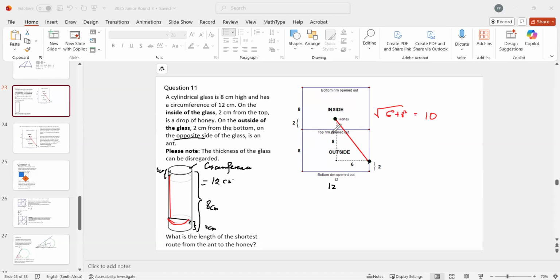And you notice we're actually traveling along a straight line here. It doesn't look as if you can ever go on a straight line on this, but you can. You can go on a straight line on this curved surface, right? If you open it out, you'll see how it is. Okay, so that takes care of question 11, and we now move on to question 12.